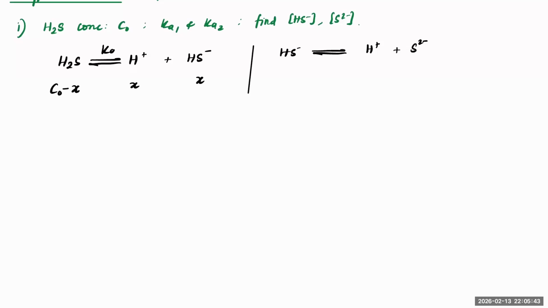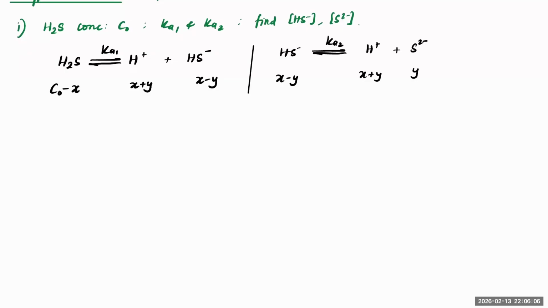So this is Ka1, this is Ka2, and from X some Y amount is lost. So this will become X plus Y and Y. Here it will become X minus Y and X plus Y. We can write it in these two ways. Clear?